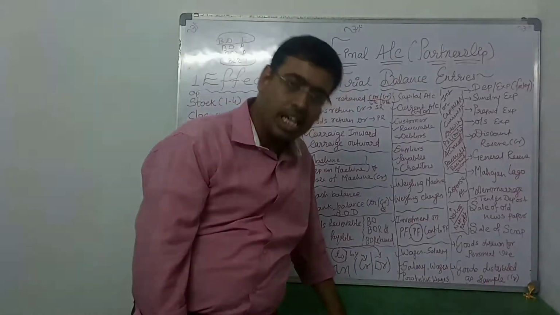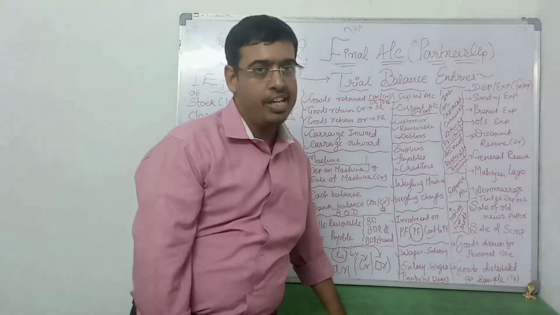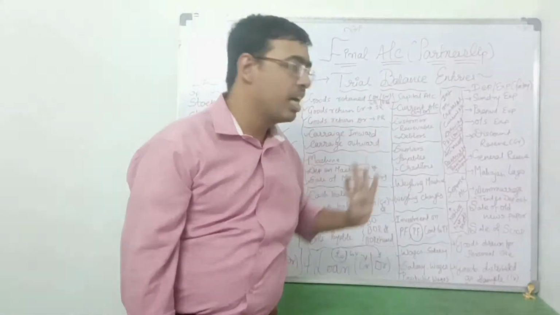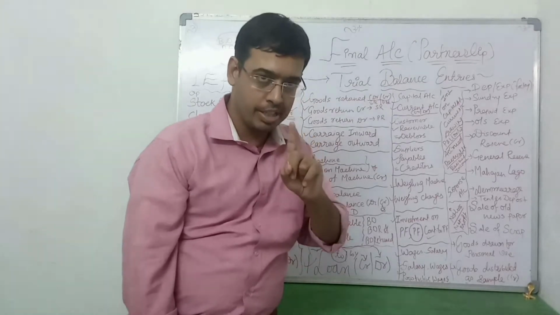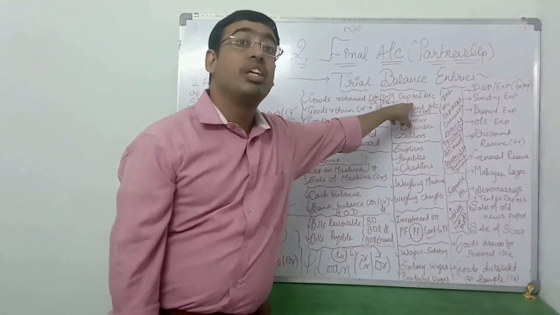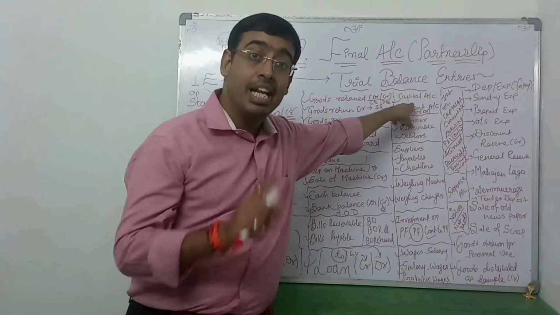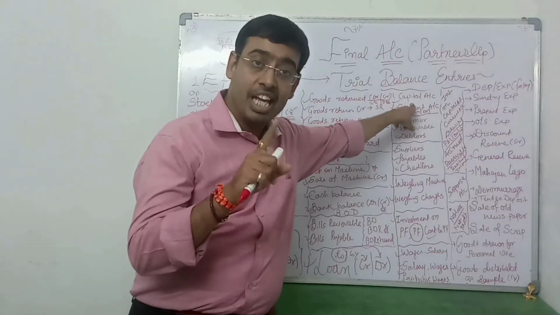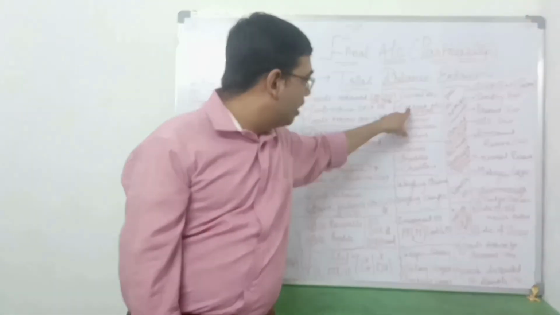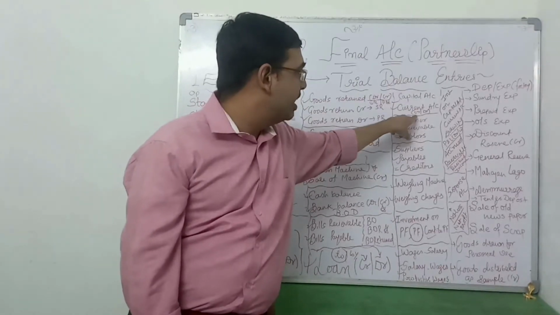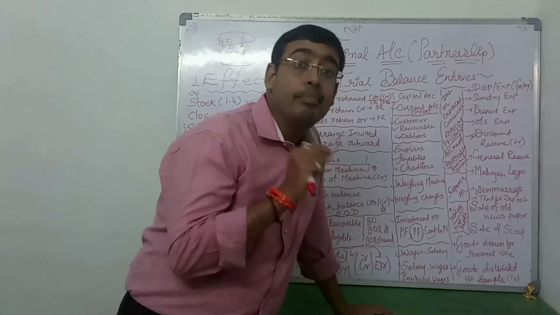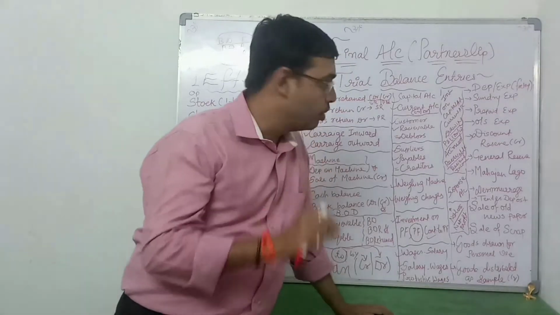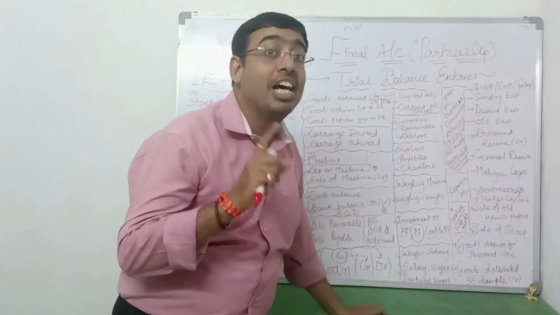So in a final account sum, if both accounts are given to you in the trial balance, then in situation number 1, the capital account is written in the balance sheet on the capital plus liability side, and the current account, based on credit side or debit side, the balance is written as balance brought down in the partners' capital account.